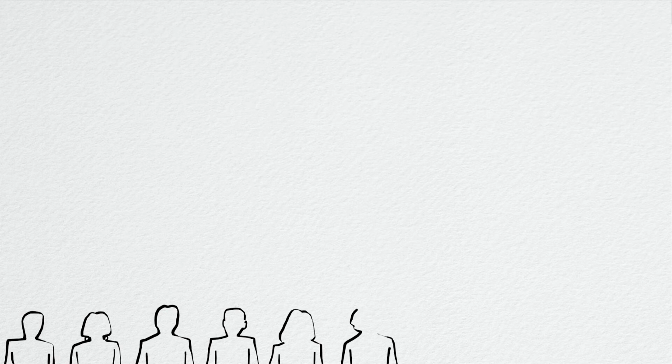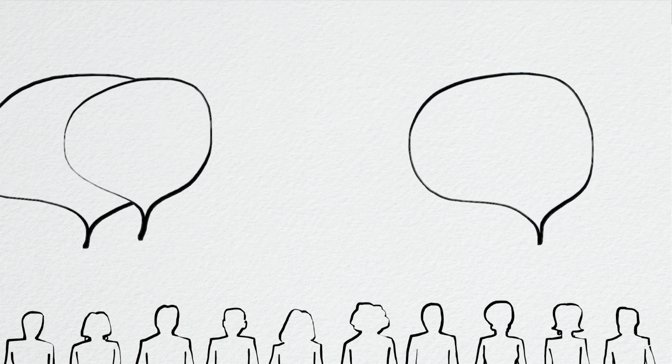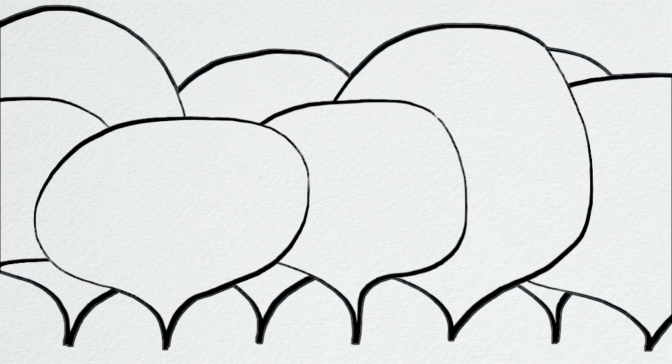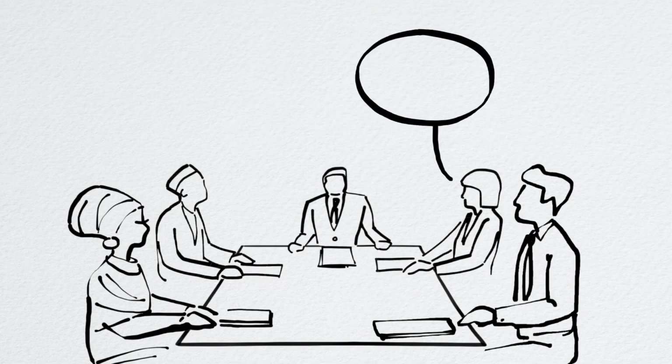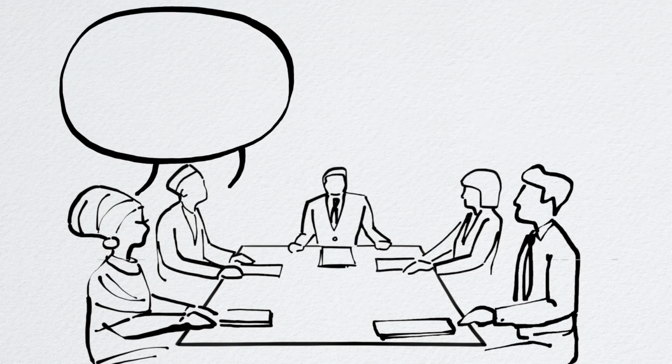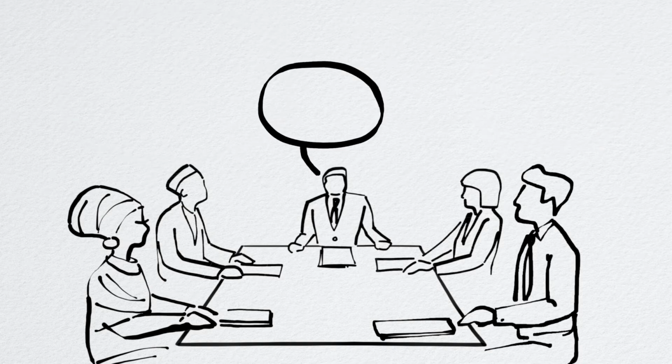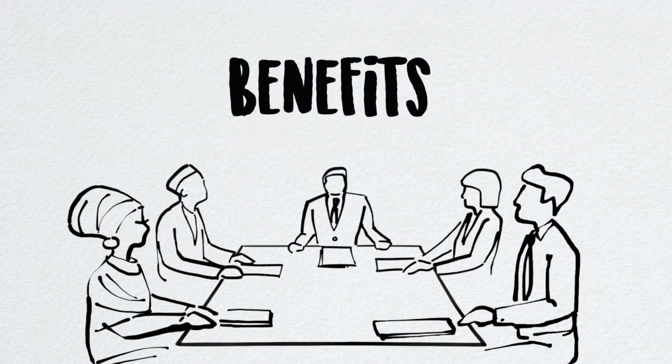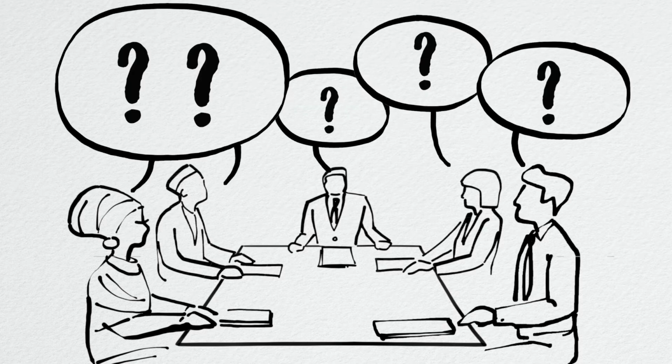Take, for example, the word reasonable. If you ask 10 lawyers, you will get at least 11 opinions on what reasonable means. Not helpful. And even when you think all negotiating parties are talking about the same thing, benefits, for example, they may have different things in mind.